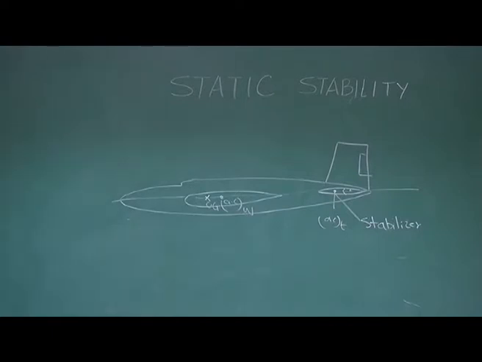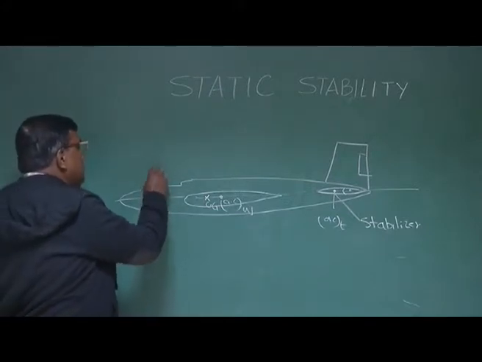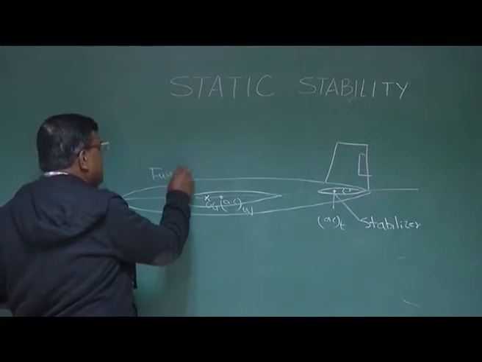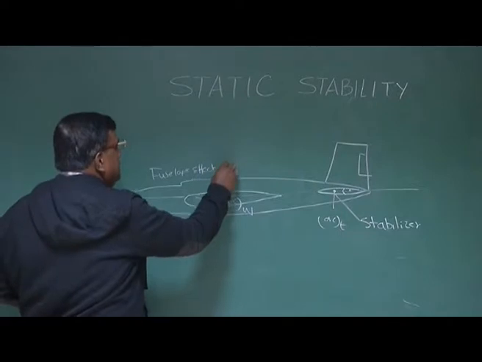So by seeing this diagram, can we simply tell, or can we not answer a question by seeing this description and neglecting the fuselage effect? So let's say the fuselage effect we are neglecting.